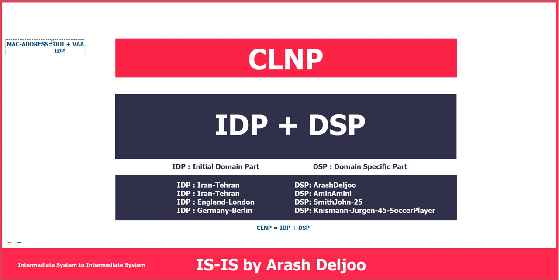You know that every vendor of network products that is using MAC addresses should use their OUI. OUI is a 6 byte address, and in every product of one company we should use the same OUI. This is the IDP or initial domain part.